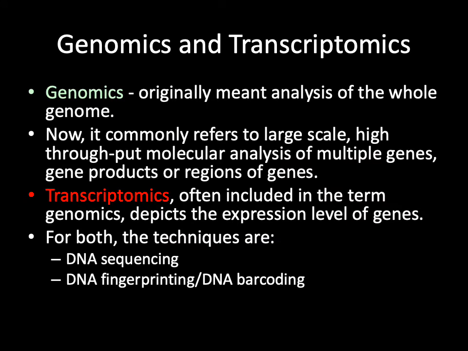Genomics originally meant the analysis of the whole genome, and now it commonly refers to large-scale and high-throughput molecular analysis of multiple genes and gene products or their regions of genes. Transcriptomics is often included in the term genomics and depicts the expression level of genes, for techniques such as DNA sequencing, DNA fingerprinting and DNA barcoding.